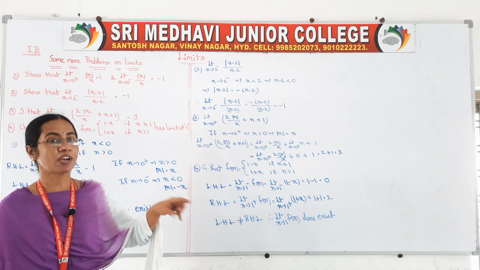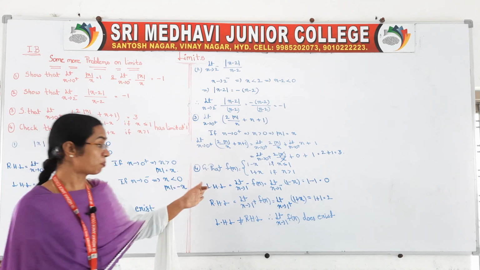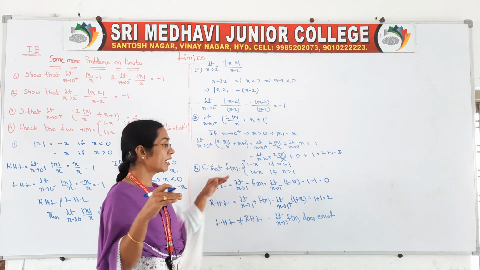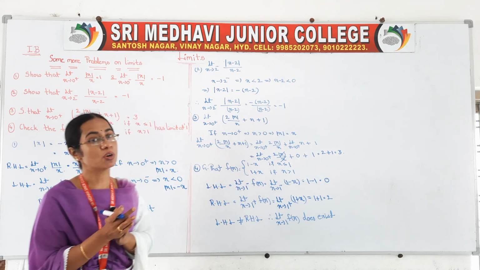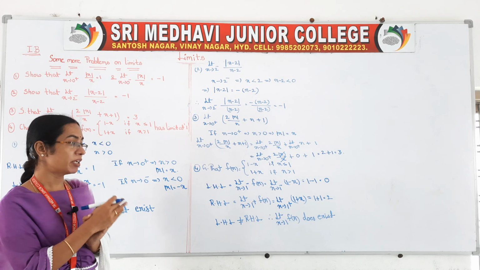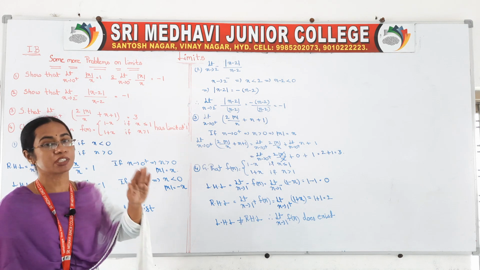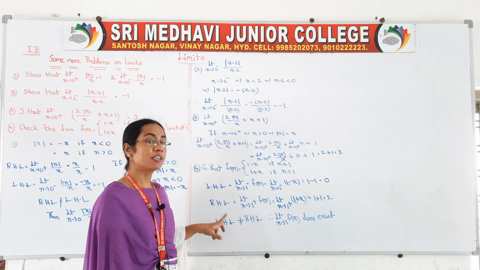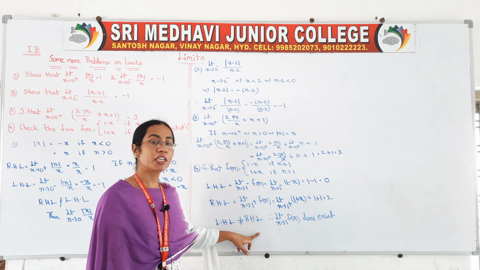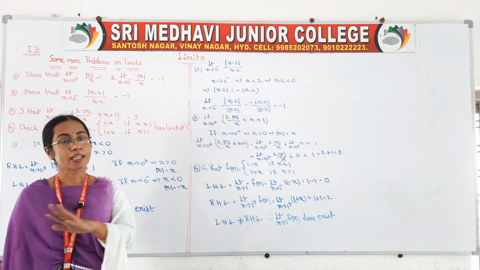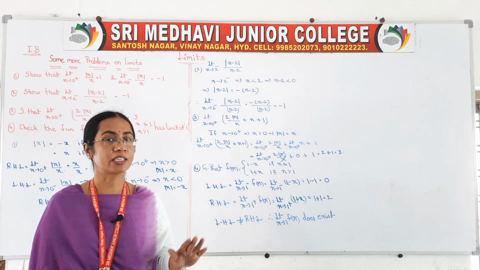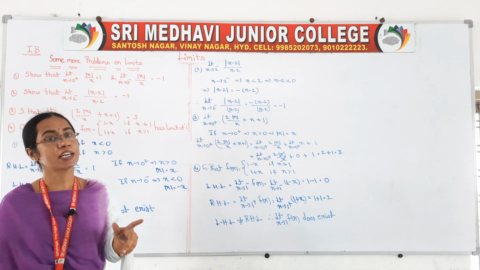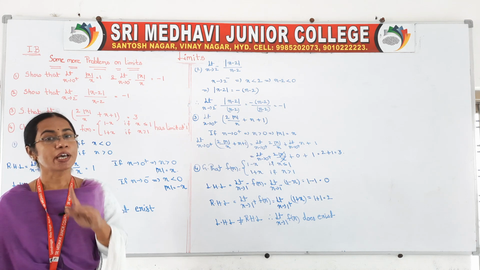But here we got different values, left hand limit not equal to right hand limit, so that limit does not exist. So the condition for a limit to exist is that left hand limit must be equal to right hand limit.